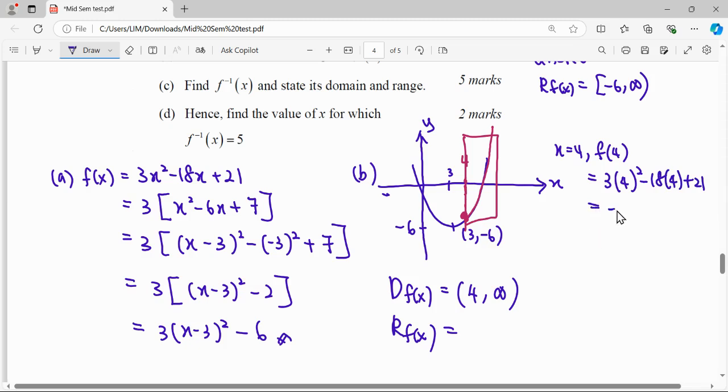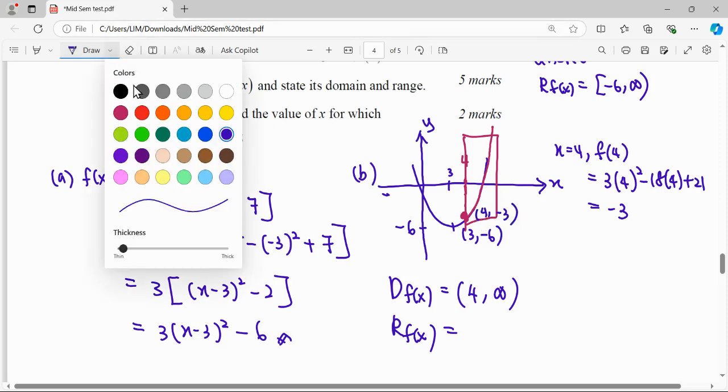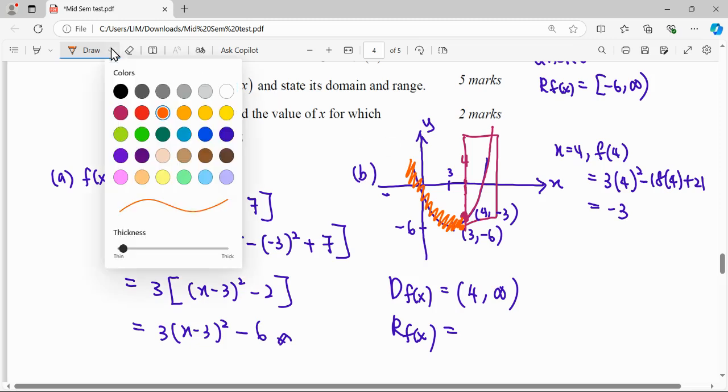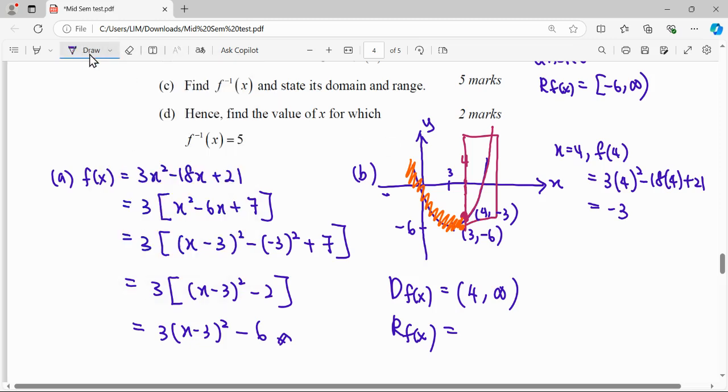It will give you negative 3, which means that this point, 4, negative 3, will be remaining. Other than that, this part is not involved. So look at your graph to find the range. We observe from the bottom. The bottommost of the graph is negative 3, then going up is infinity.